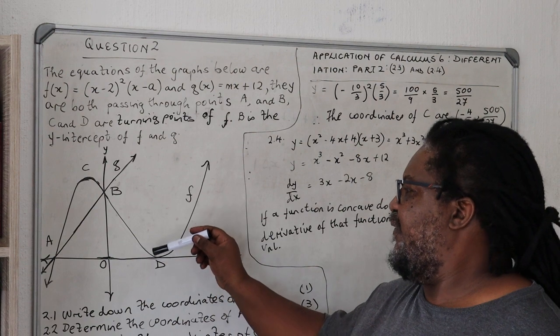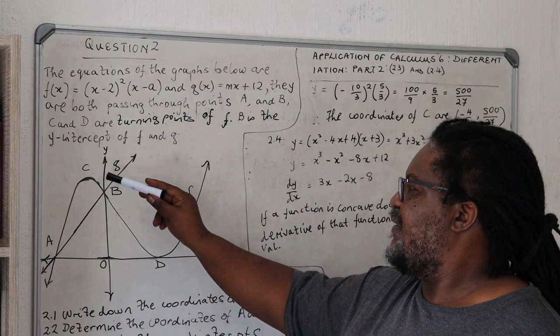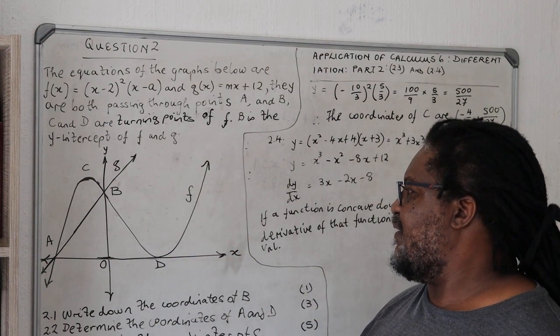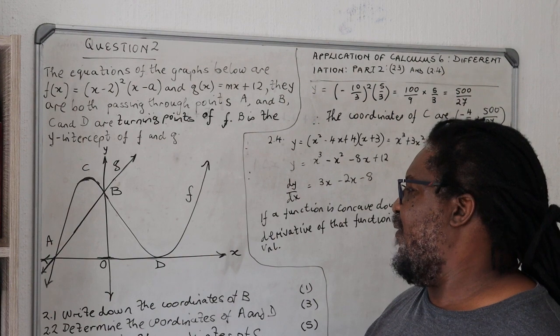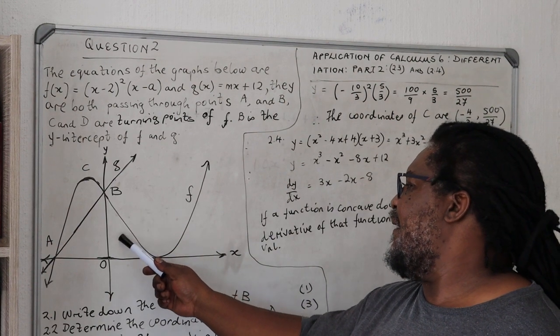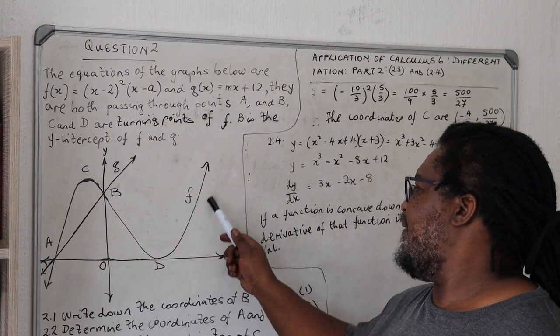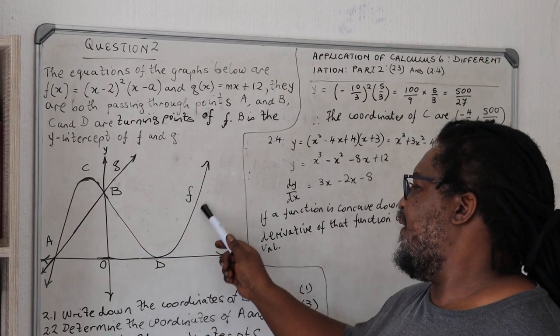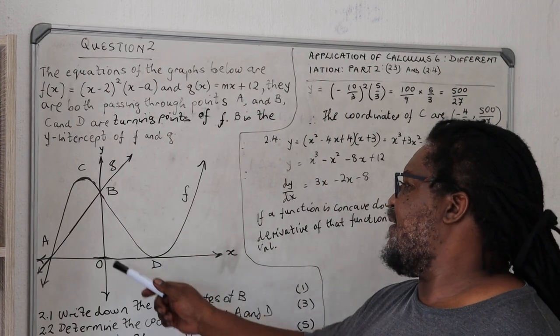So that means if the line can be drawn on top of the curve, you know that that part of the curve is concave down. And when the gradient of the line can be drawn underneath the curve, then you know that at that interval the curve is concave up, and this is very simple to illustrate.